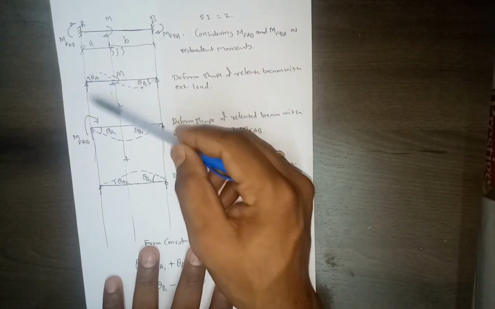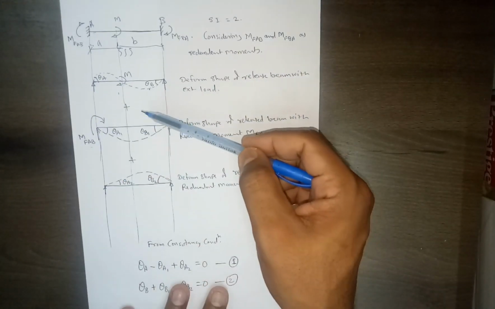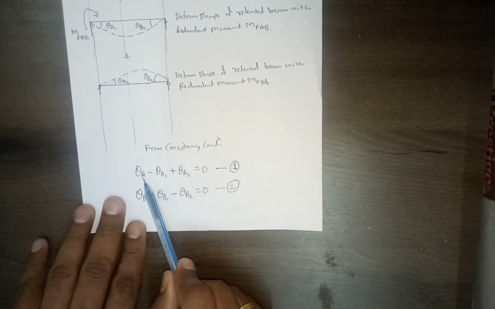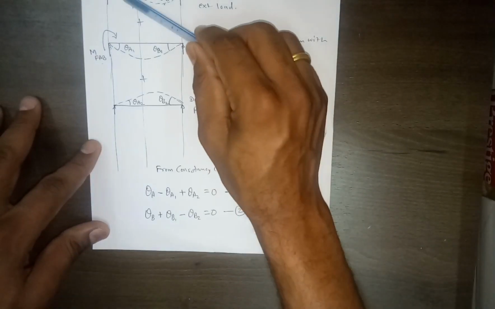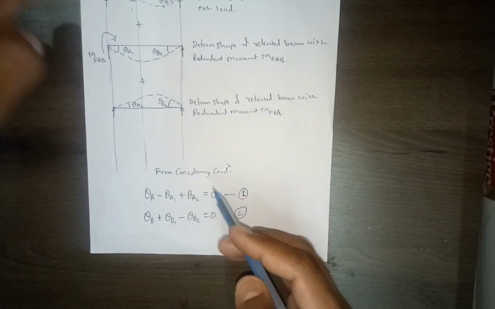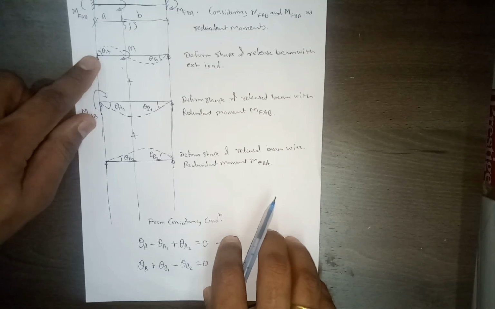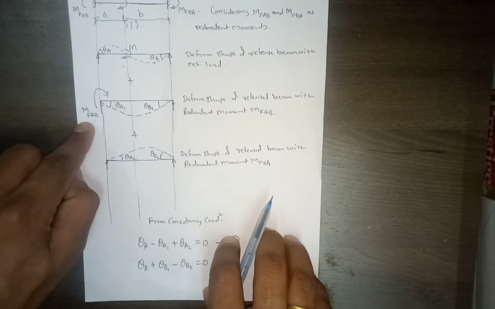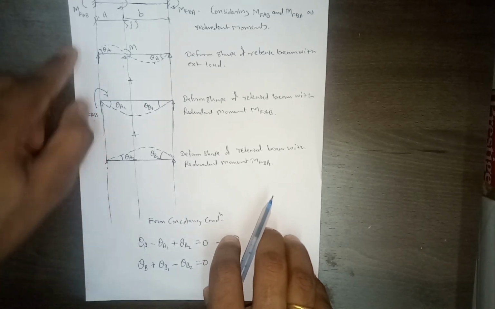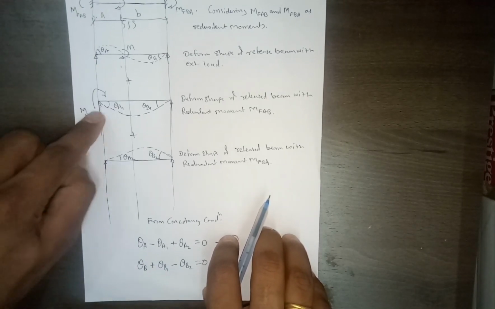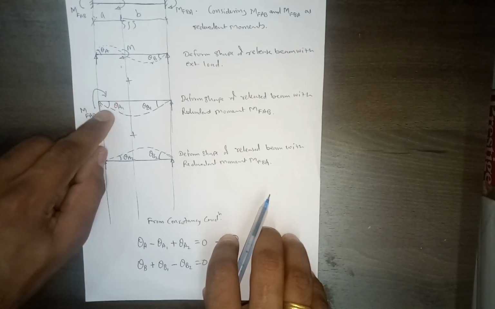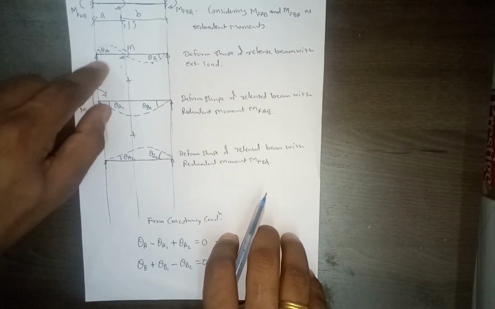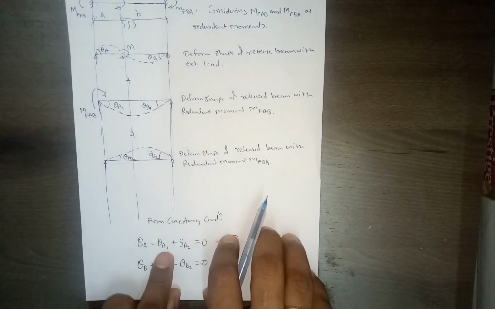But now this change is there, compared to the previous cases. So the consistency condition will be theta A, and I am assuming counterclockwise rotation positive here, right? So theta A positive, then this moment MFAB will try to resist this rotation, that will rotate this part in clockwise direction. So this moment will be clockwise, and since we have assumed anticlockwise positive, clockwise will be negative.